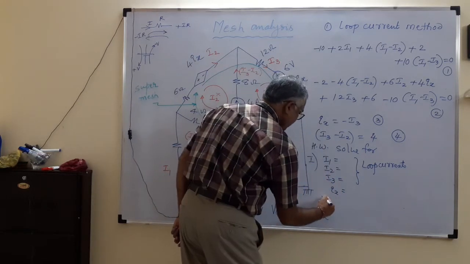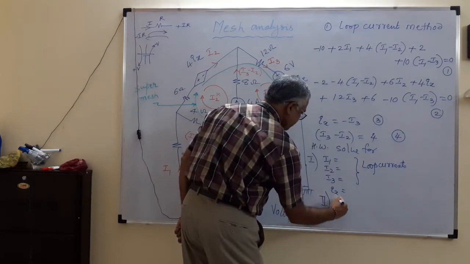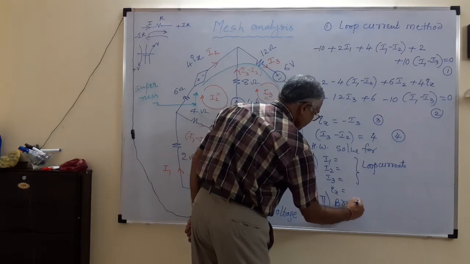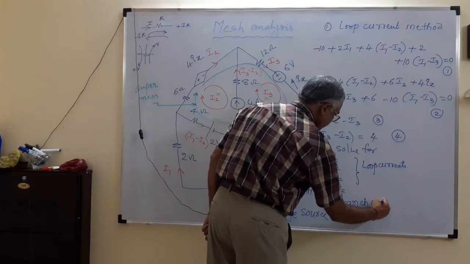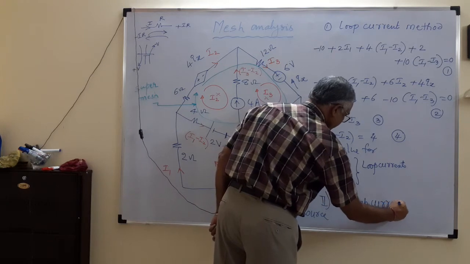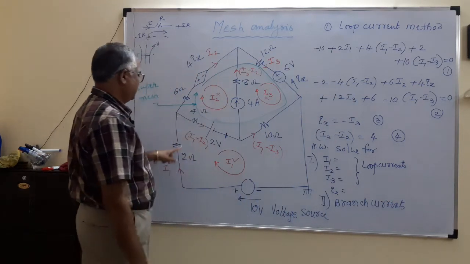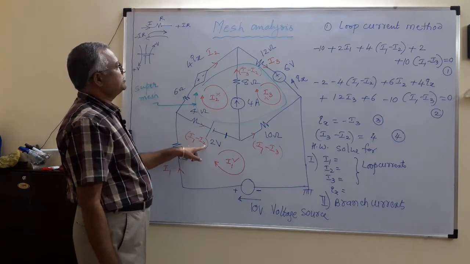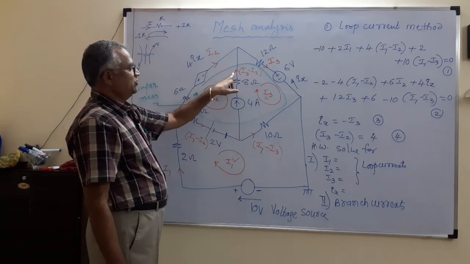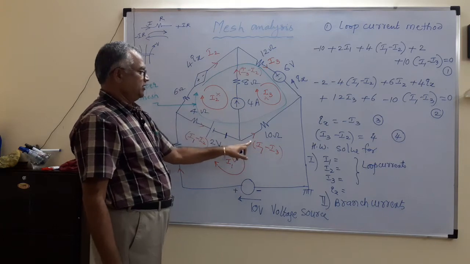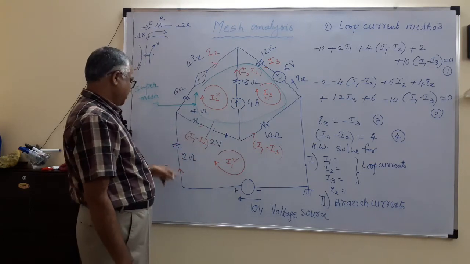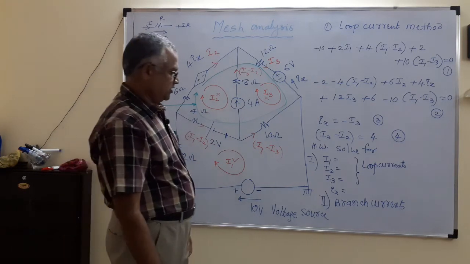Then from the loop currents, second step, branch currents. What are the branch currents? I1 minus I2 in this, I3 minus I2 in this, I1 minus I3 in this. Whatever is marked in the branch, they are called branch currents.